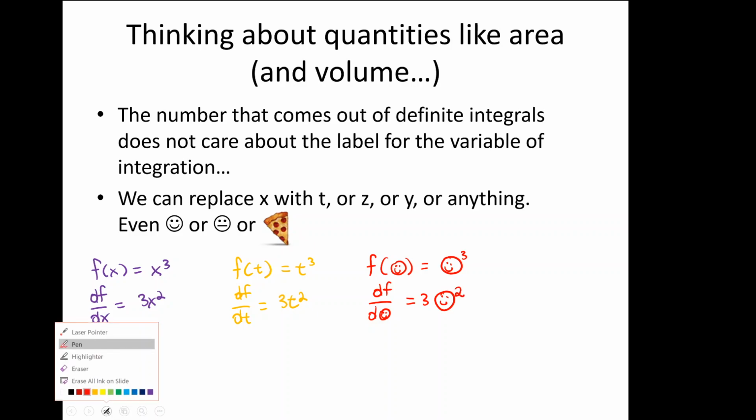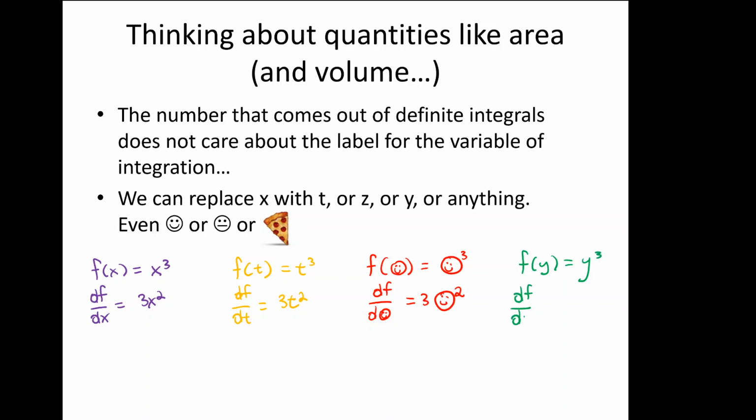I'll do one more. F of y is y to the 3. So df by dy is 3y squared.